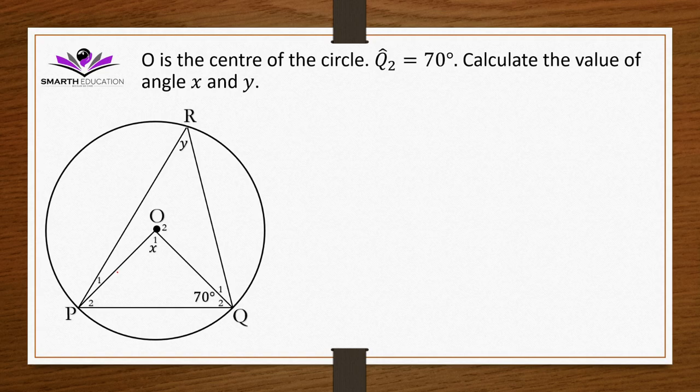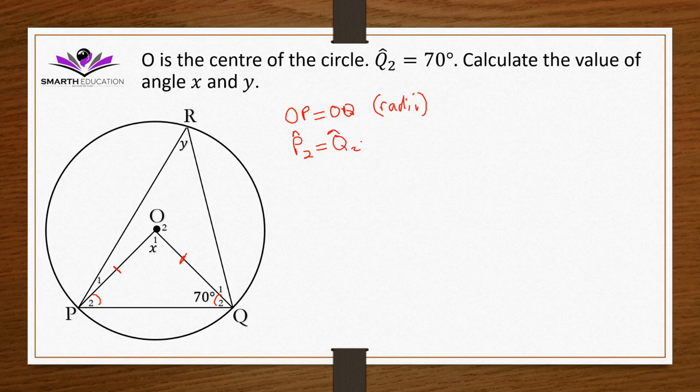So OP and OQ here are equal. Why are they equal? OP is equal to OQ because they are radii. And then we can say that angle P2 is equal to angle Q2.